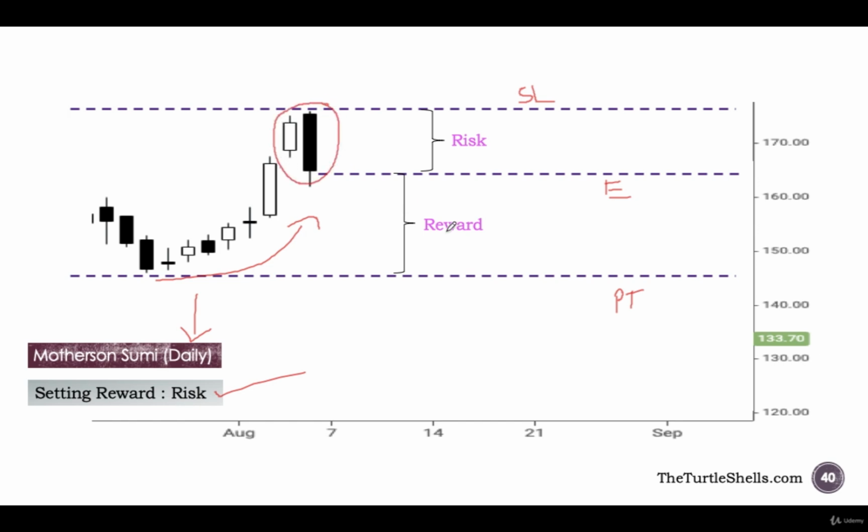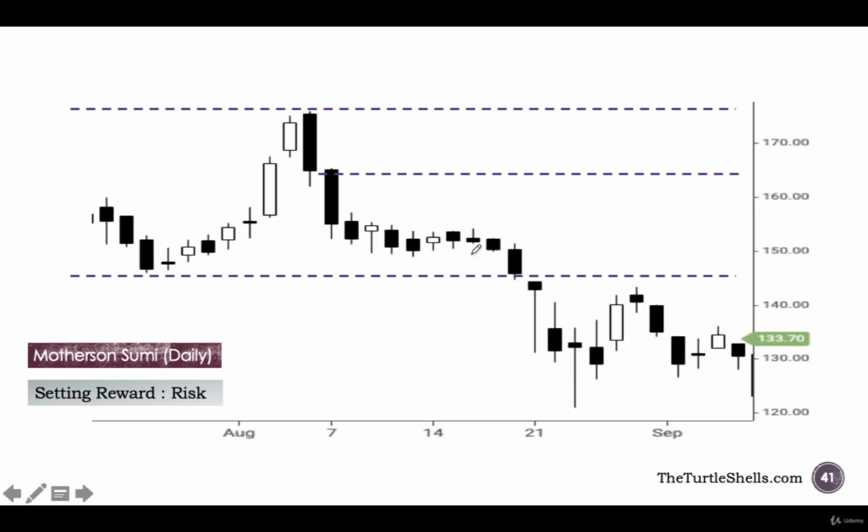So that adds to the low probability of the trade working out. But this was just to show you an example of which trades not to take. Although it has gone ahead and hit the target, in real time trading I wouldn't be taking this kind of a trade.